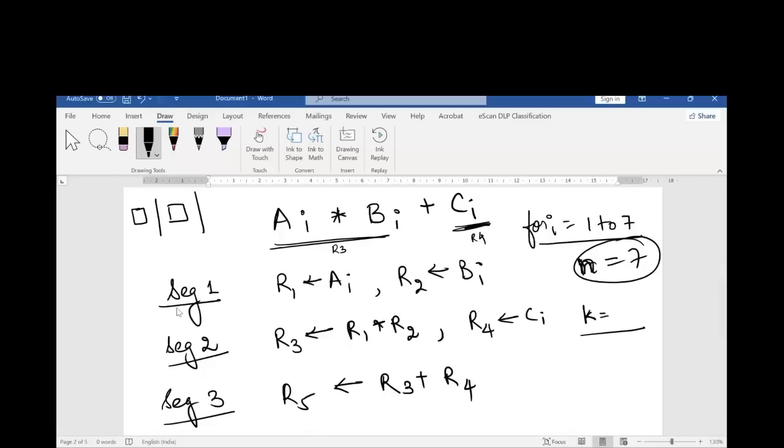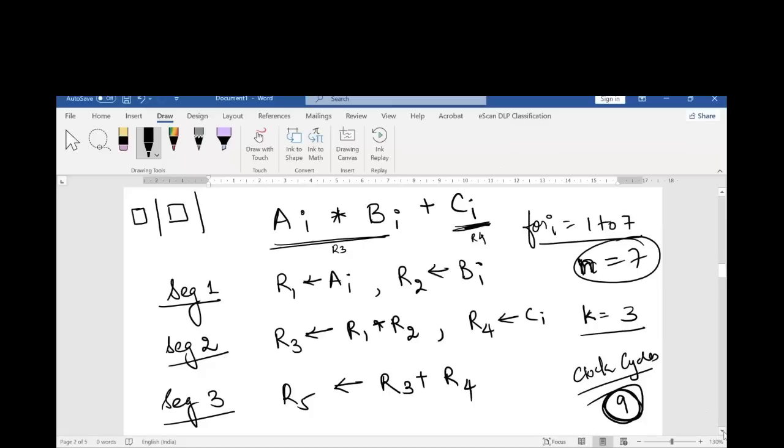So how many segments will we divide this equation into? 3 segments. How many tasks do we need to do? 7. So how many clock cycles will be required? 3 plus 7 minus 1. So total 9 clock cycles will be required. Understood? Okay, fine.